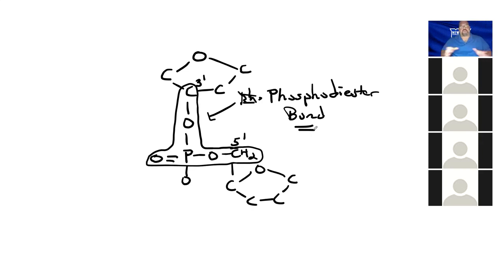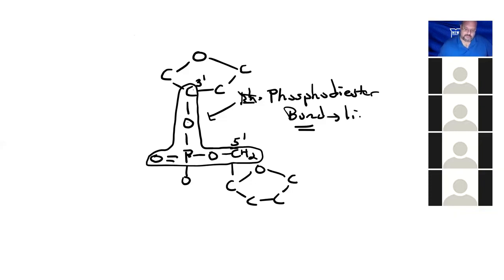Where do we see phosphodiester bonds previously? We saw phosphodiester bonds previously when we talked about glycerophospholipids and sphingomyelin. So here, for a phosphodiester bond, you have P double bond O, OC once, and then P double bond O, OC twice. That's your phosphodiester bond.